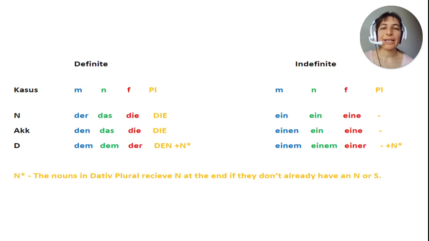Okay, and here is again a summary of all cases, all genders, for the definite and indefinite articles. You can take a look. For example, if you compare nominative and accusative, only masculine changes. But in dative, everything changes.